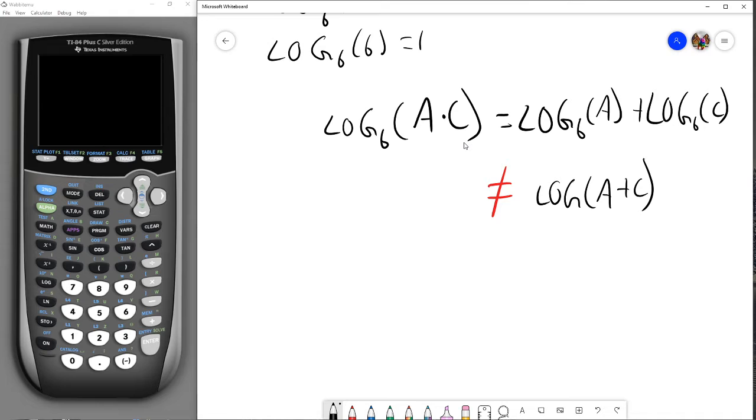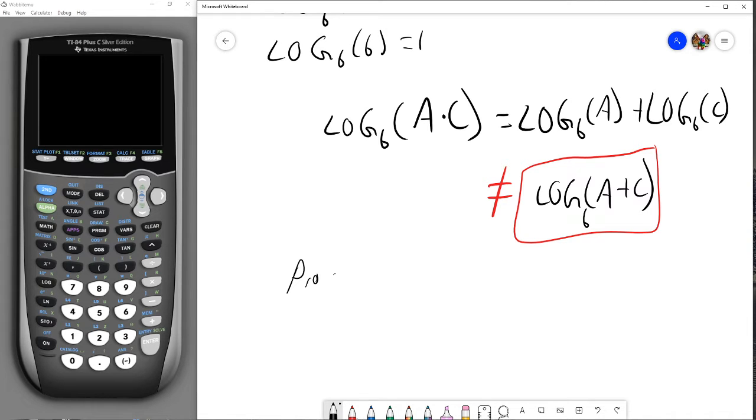Log of a plus c is not the same thing as log of a plus log of c, and it's not the same thing as log of a times c. We don't have a rule for this quantity. If there's an a plus c inside a log, you just leave it as a plus c unless you can simplify the addition. That is a pitfall many students usually have.